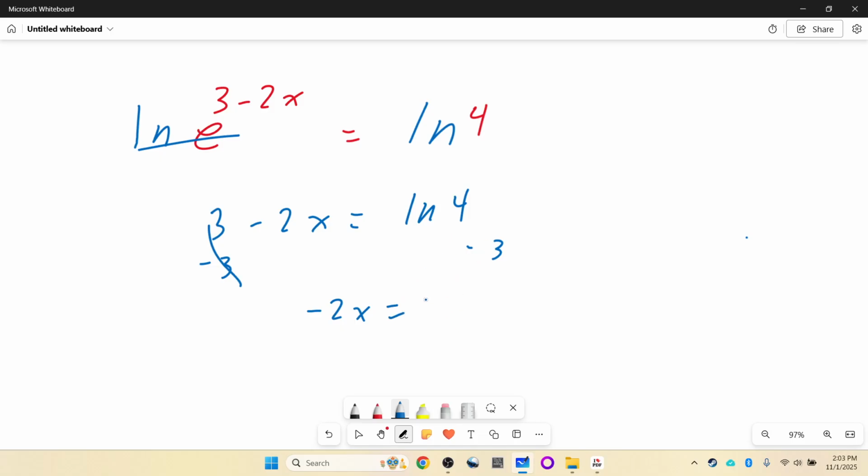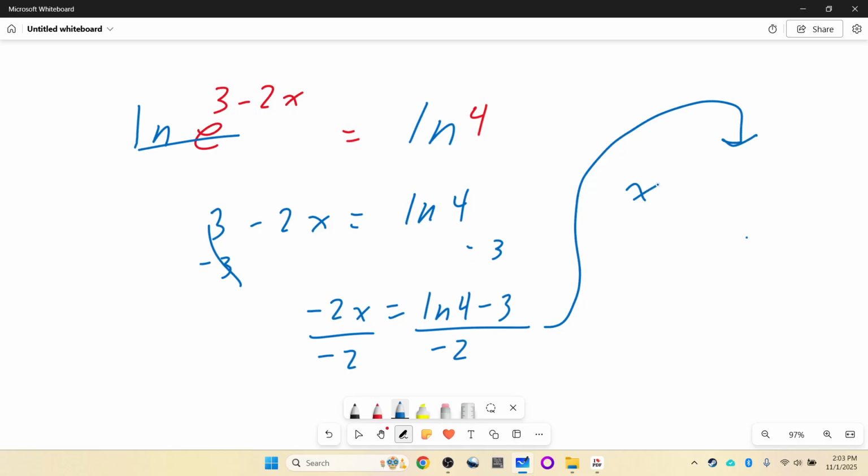Natural log of 4 minus 3, that is just natural log of 4 minus 3. Divide everything by negative 2. And so we get x equals natural log 4 minus 3 over 2. I think you can simplify this one a little because 4 is 2 to the second.